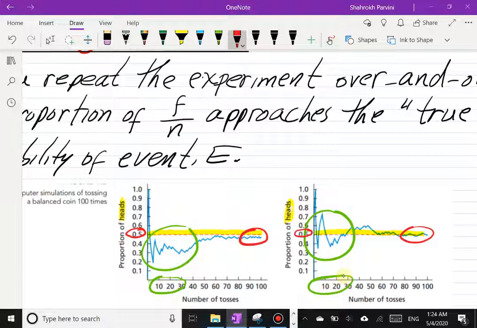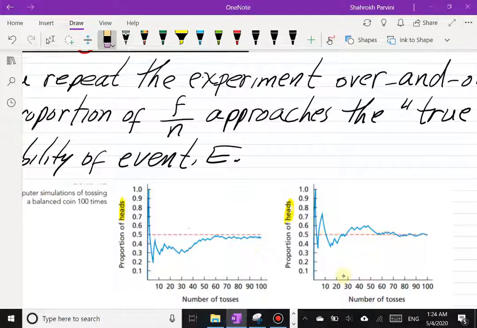So that's what the law of large numbers says again: as the number of trials, the number of tosses here, increases in both cases, we approach the exact probability in the long run. Okay, so hopefully that's clear. I was able to explain what these are.